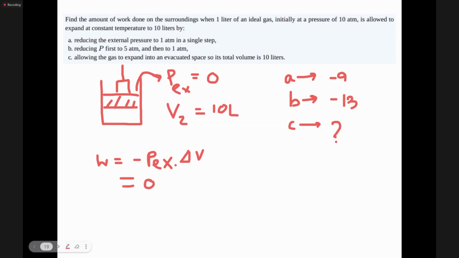So in this case, there is no work done because there is no force to oppose the expansion. We have to always remember this very important situation, that work done against a zero external pressure will always be 0.